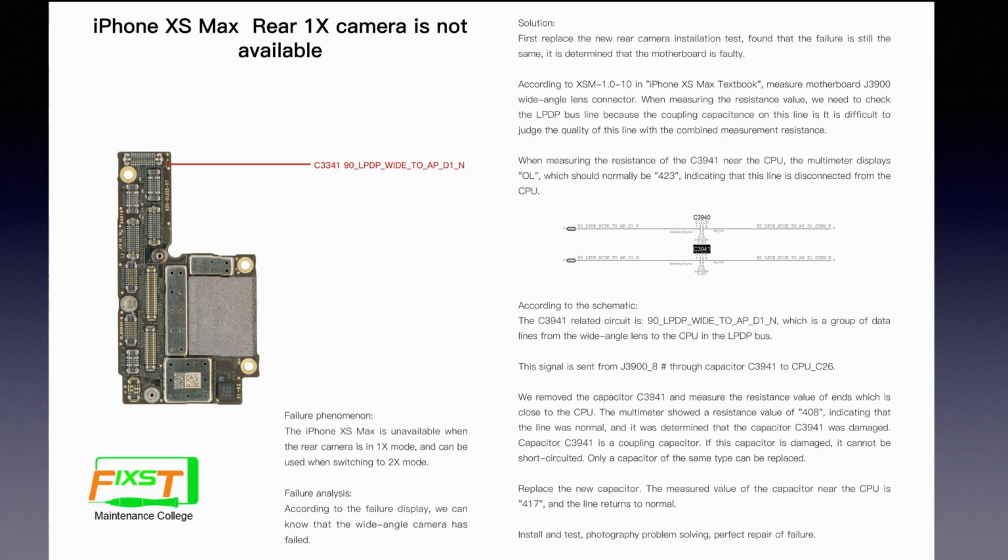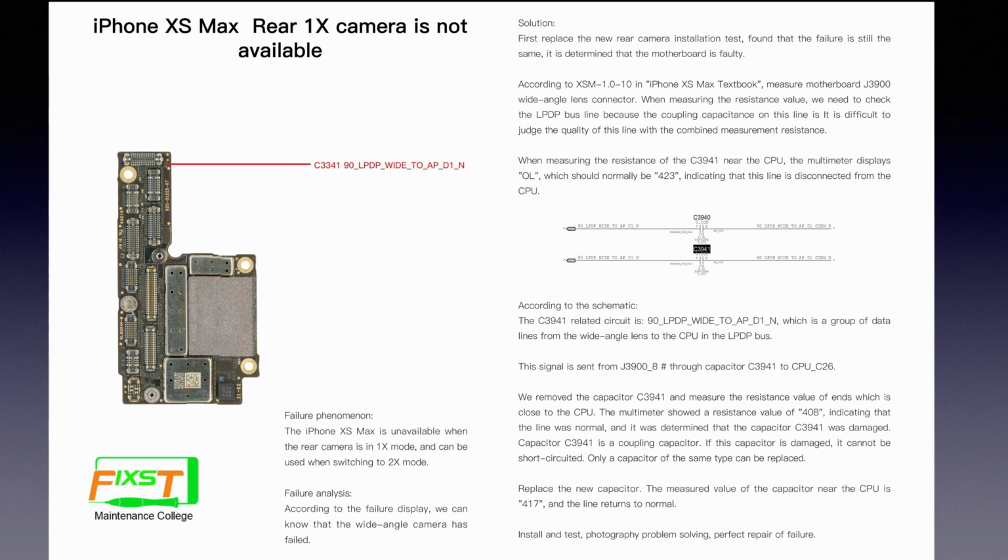When measuring the resistance of C3941, this capacitor near the CPU, the multimeter displays OL, which normally should be 423. It means that this line is disconnected from the CPU. And according to the certificate, this capacitor is on a group of data lines from the wide angle lens to the CPU in the LDDP bus.